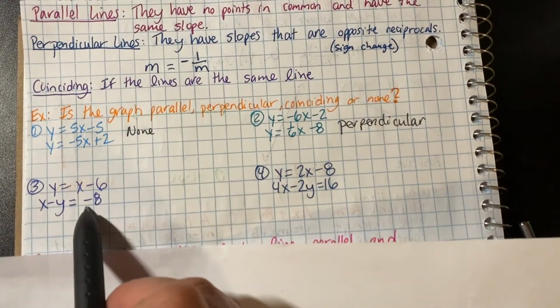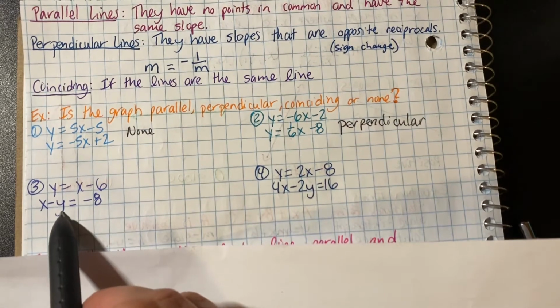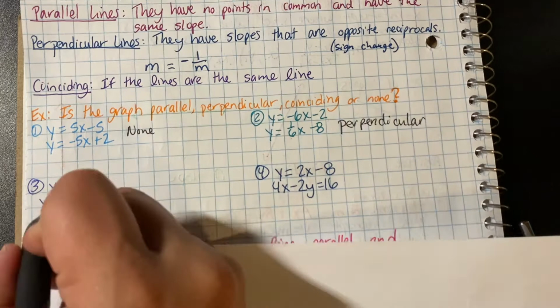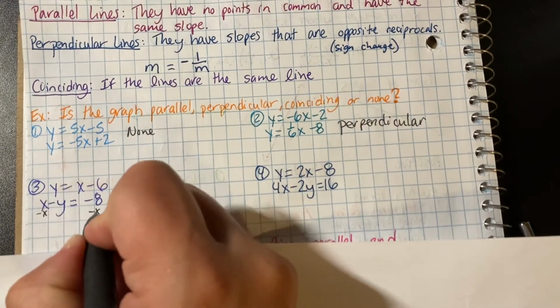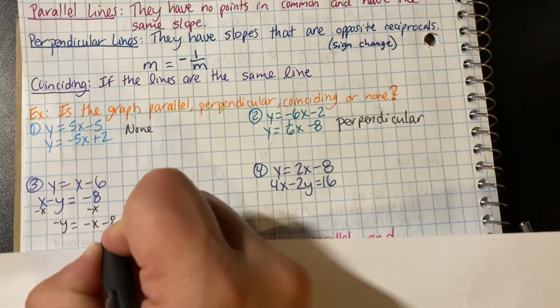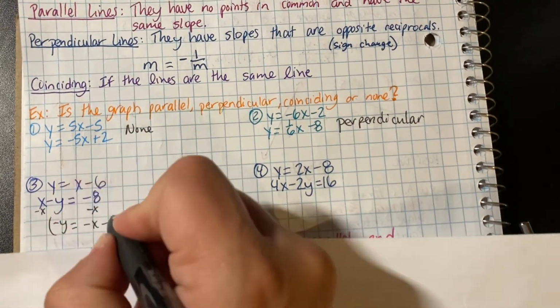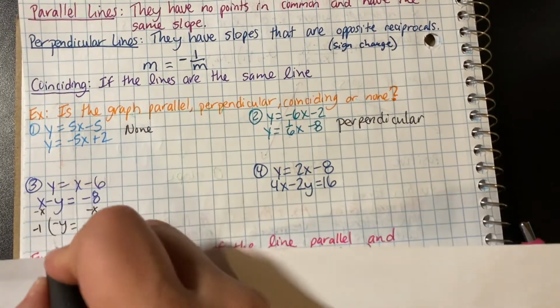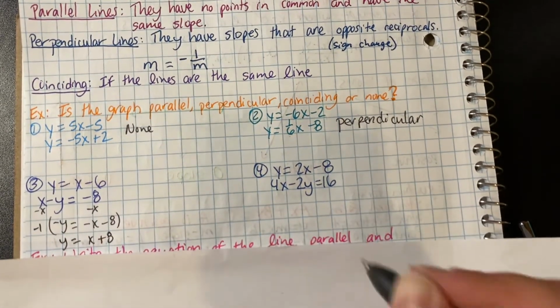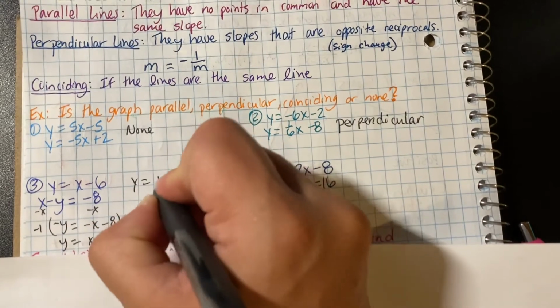Let's move this bottom one into y equals form so we can see what's going on there. We're going to move our x, and we'll have -y equals -x minus 8. Let's multiply it all by -1, so we'll have y equals x plus 8.